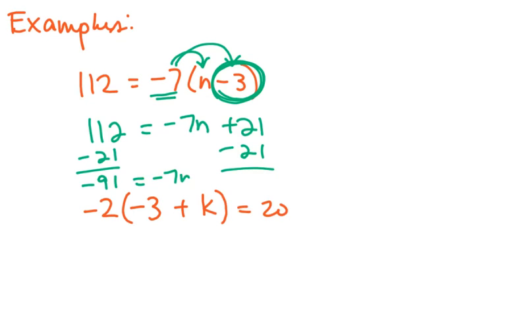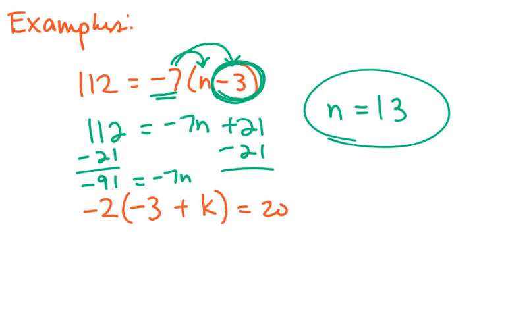And that equals -7n. And when you do that division, you get n equals 13.